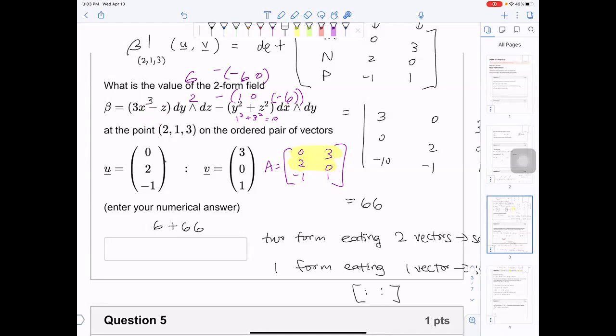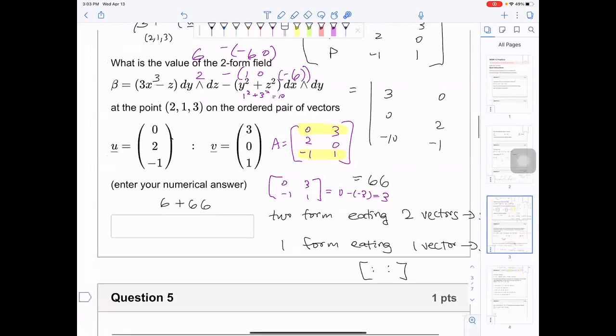Oh yeah, so if they were asking us one with dx wedge dz, how would we do that? Then you do the first row and the last row. So then this determinant is 0, 1, 3, negative 1, so 0 minus negative 3, or 3. So you would get whatever expression times 3.